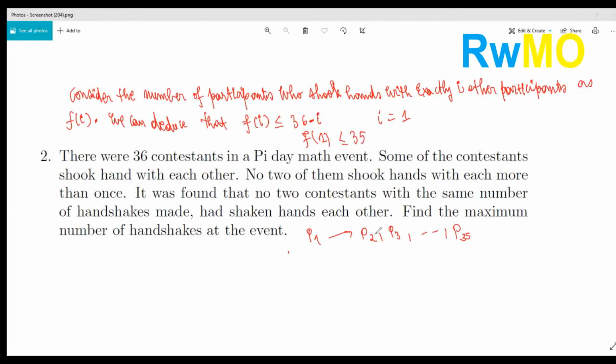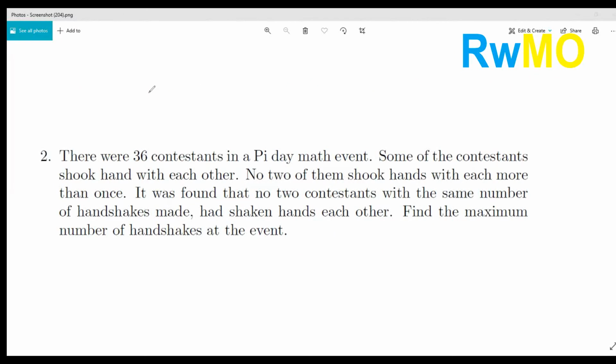As I said, he will shake hands with all the participants apart from him. So we can see that this is true. So f of i is at most 36 minus i, for i equals 1, 2, all the way up to 35.